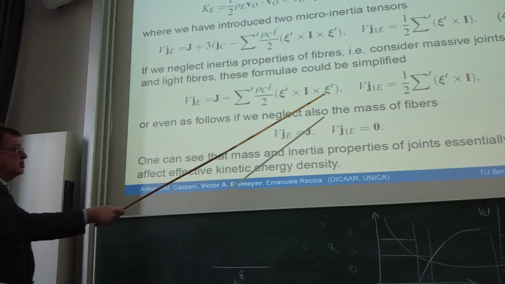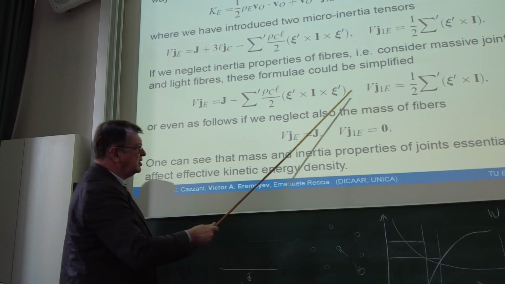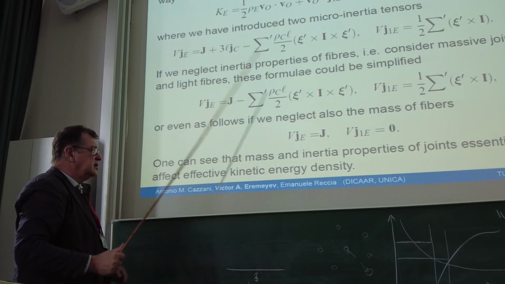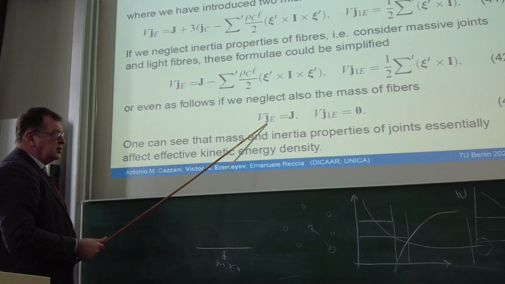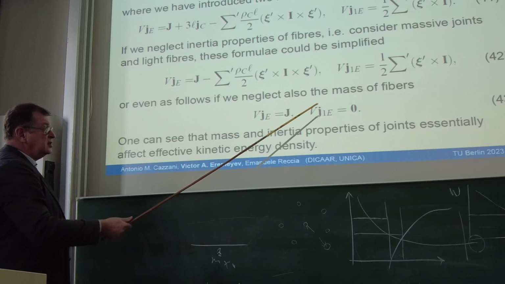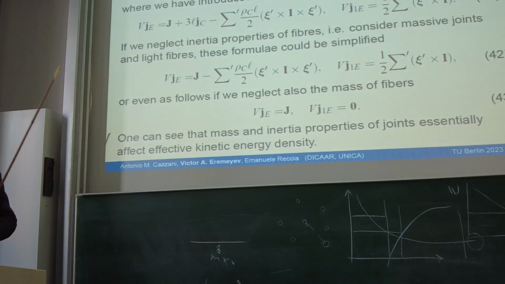To kill it, I should neglect totally the mass of fibers and the inertia of fibers, so that I come to the classical case, when this effective microinertia tensor is like that, and this is 0. But in general, due to non-symmetry, this is not symmetric.